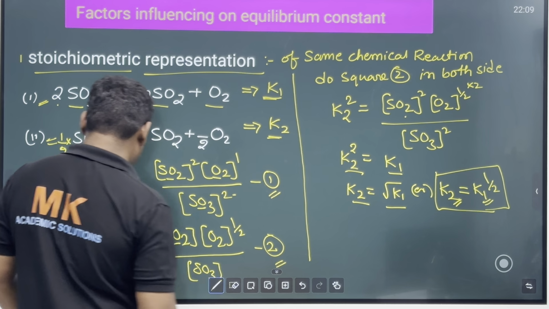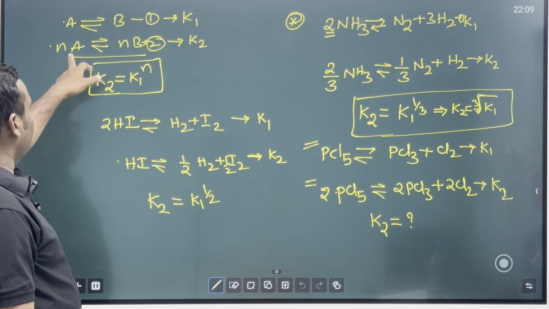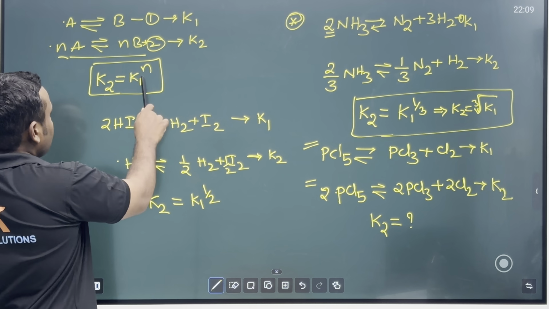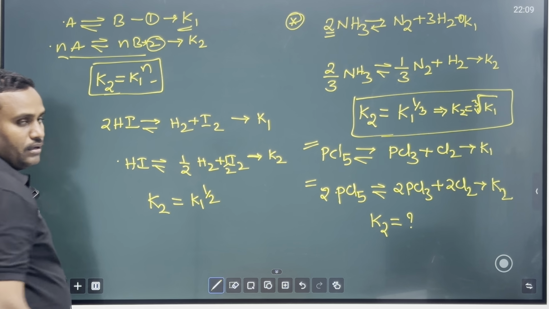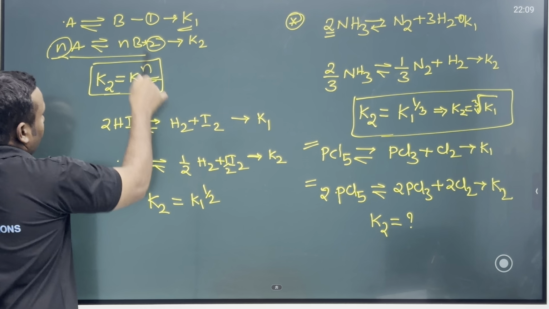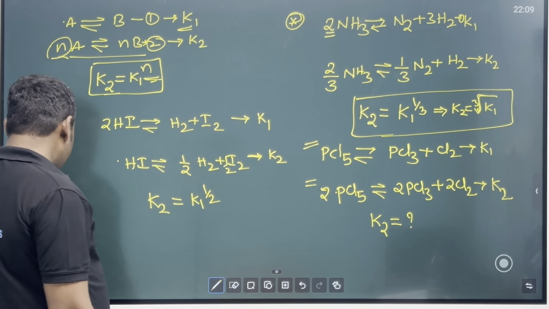And the next, A gives rise to B, multiplied with a small number n, that number will go to the numerator of the original equation. Some examples.